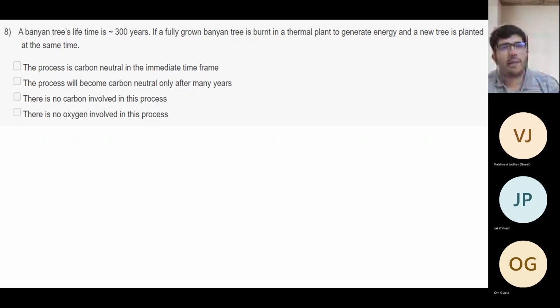And one point is also that don't always think that more than one option is correct. Okay, just go through the question and, based on the question, try to find the best possible answer. That is the main point.